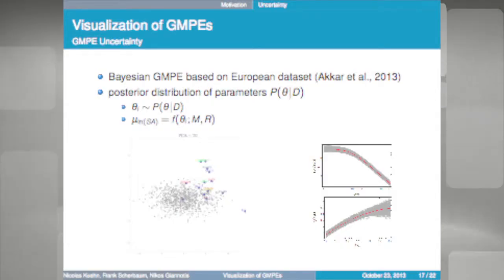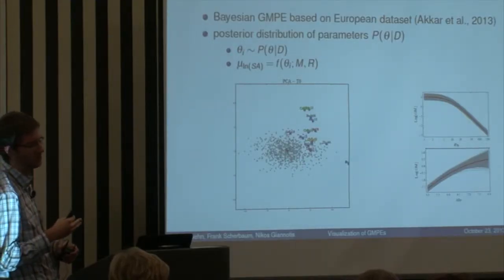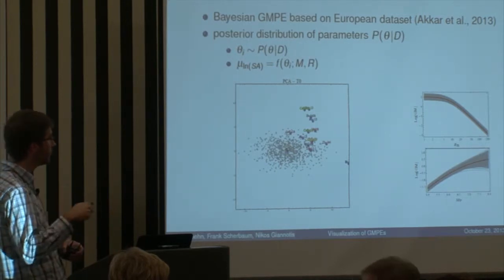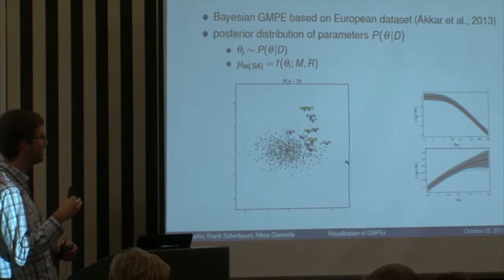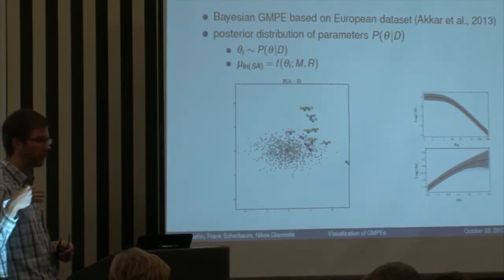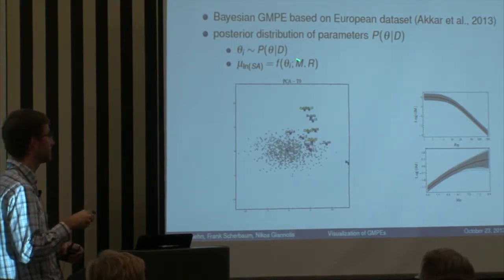What I did is I calculated a Bayesian ground motion model, which allows me to keep track of the uncertainty of all the parameters. This means I have a joint posterior distribution of the parameters. And then I sampled from this joint distribution, 1,000 times.